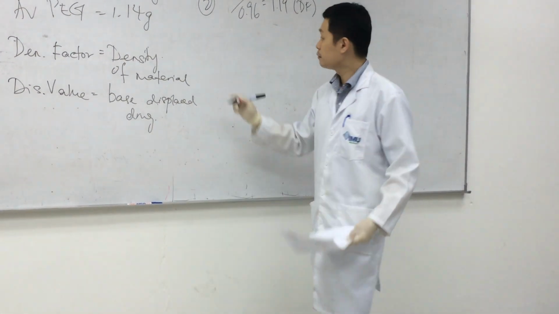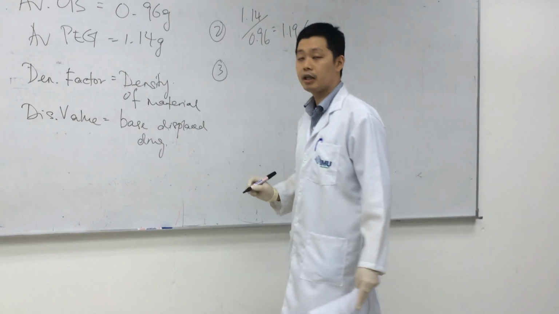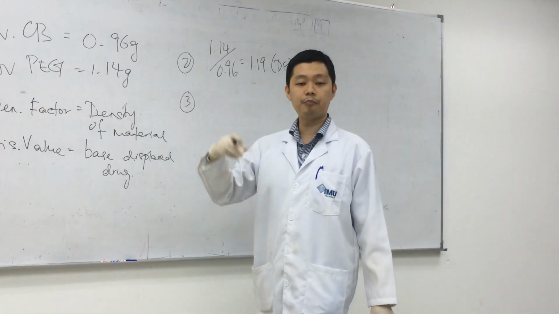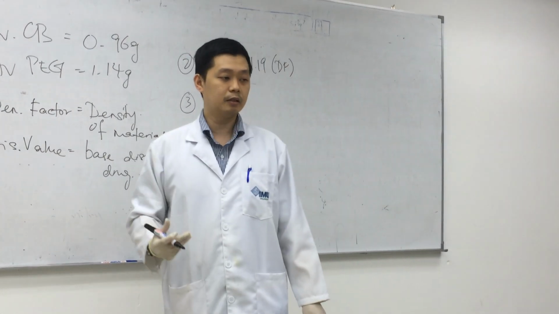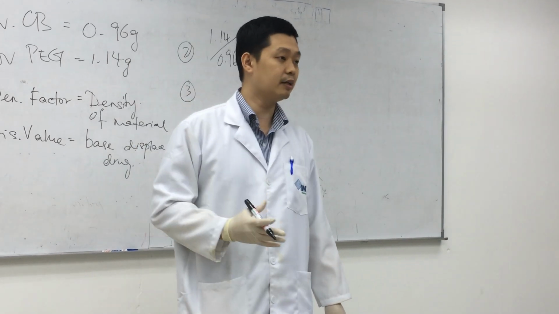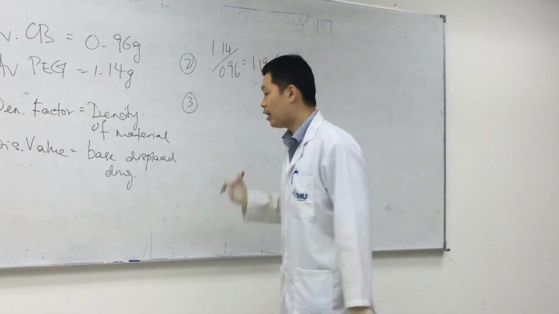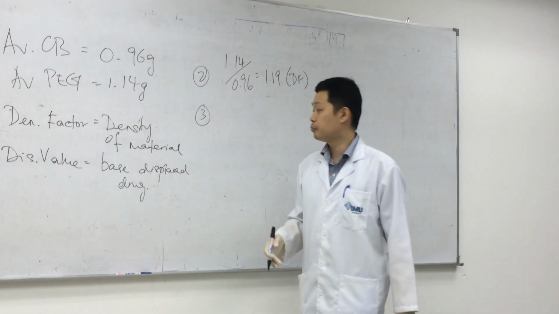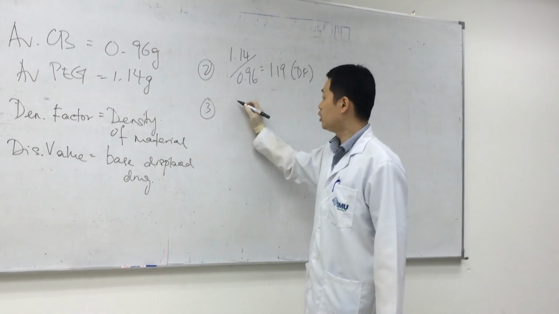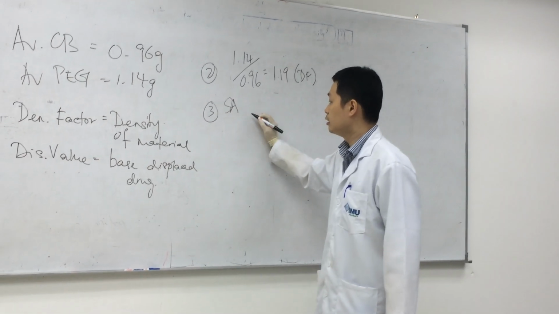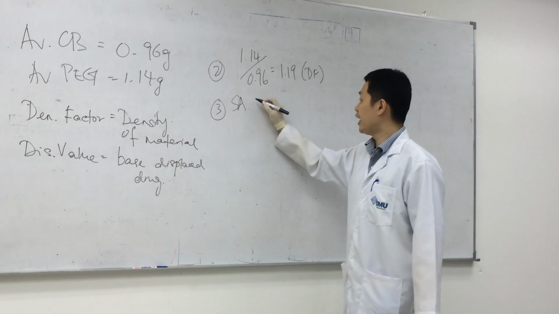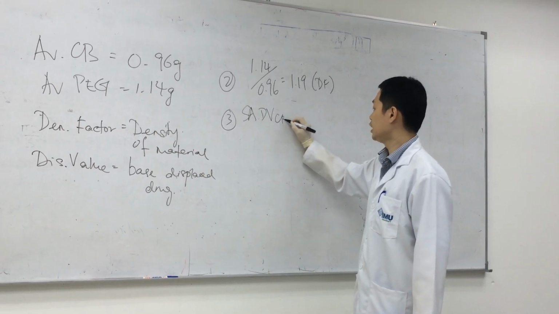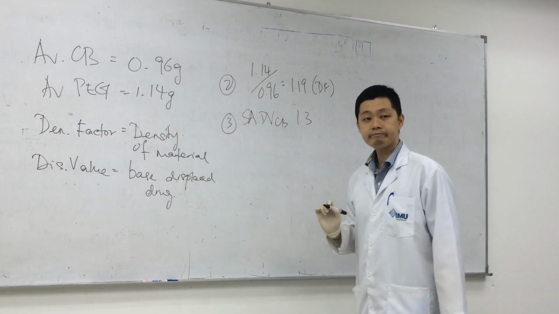Question number 3. This is to calculate the amount of PEG displaced by 0.2 gram of salicylic acid. Recall what you have learned in the extemporaneous practical session. You were given that the salicylic acid displacement value in cocoa butter is 1.3.